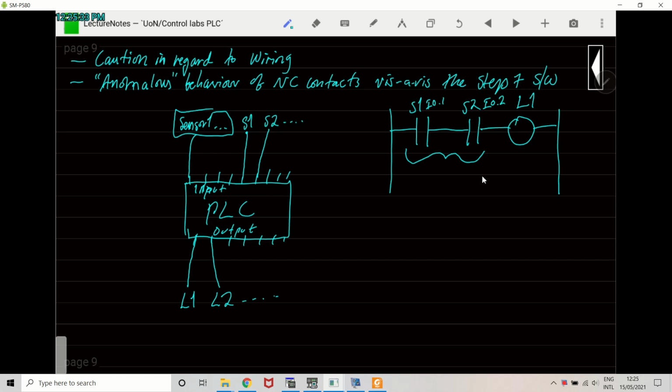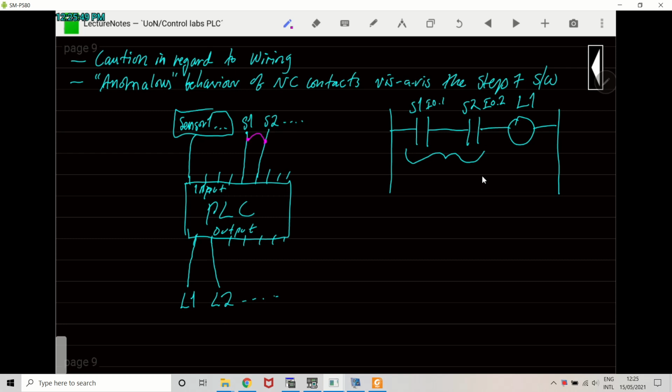In the lab, we found a situation where the ladder diagram may lead you to think that S1 should somehow be connected to S2 straight. That should not be the case.